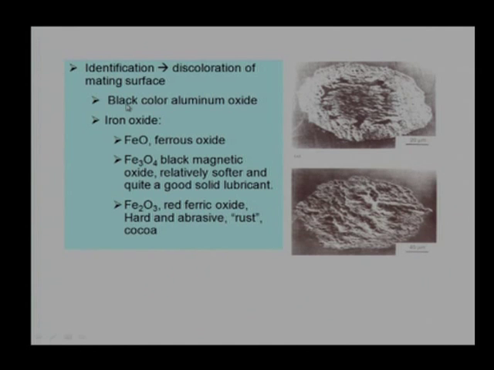So either black aluminum or black iron oxide is one option, and red color is what we most frequently get because of the rusting nature, and there is a slight difference between rust and corrosion.